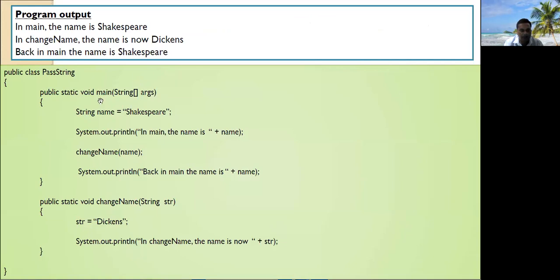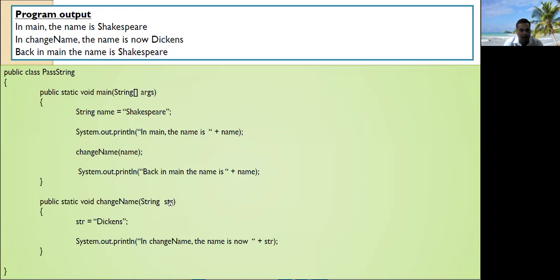Here, this is the example of the pass by object reference method. In this example, in the parameter list of the method, the object of the String class is defined as str, and we are passing name as an argument, as an object, to this parameter list of the method.